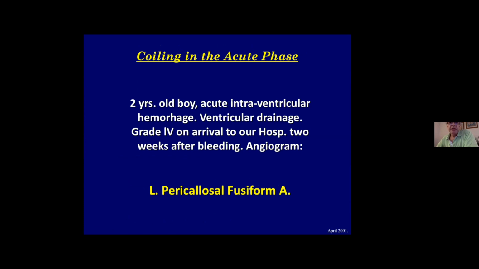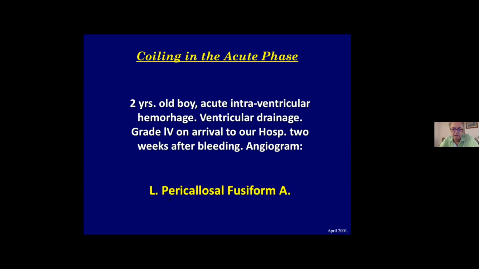Another complex case, treated in the acute phase: a 2-year-old boy with intraventricular hemorrhage, ventricular drainage, grade 4 on arrival to hospital, and 2 weeks after the bleeding, came to my center.